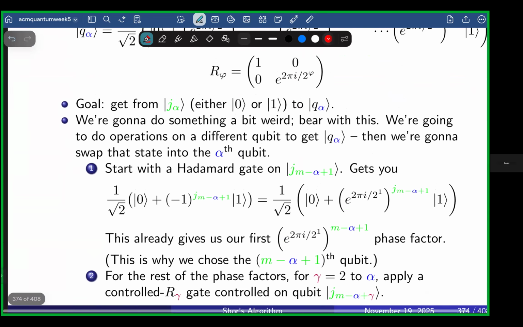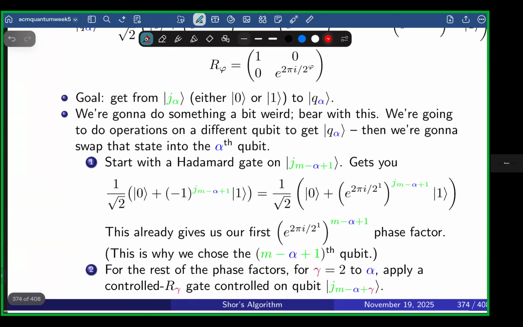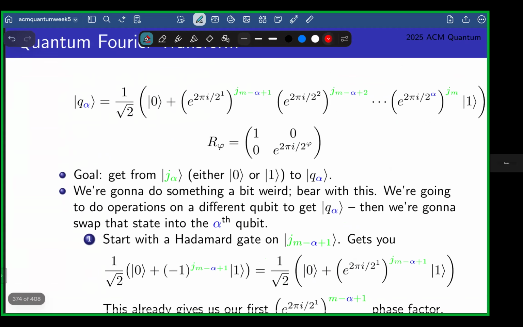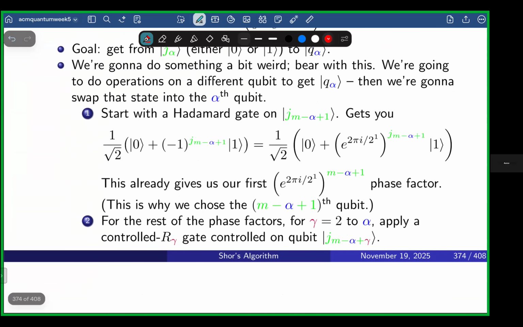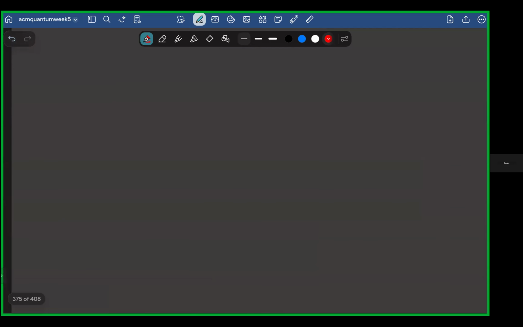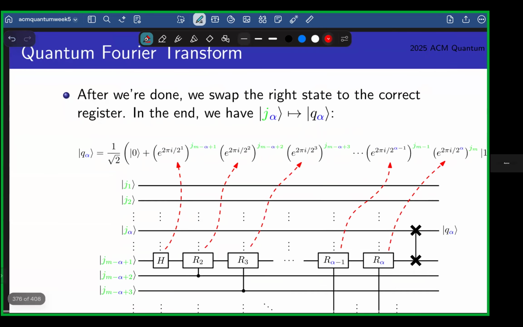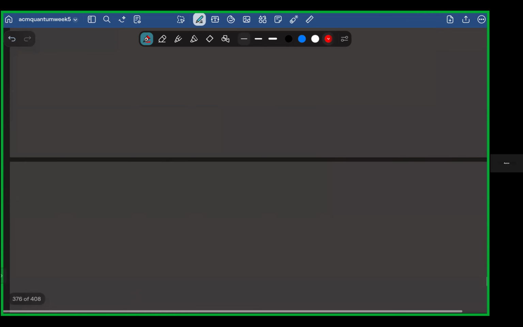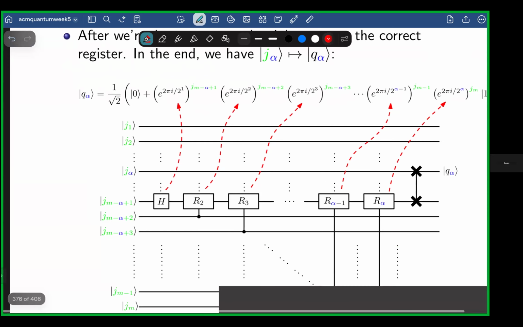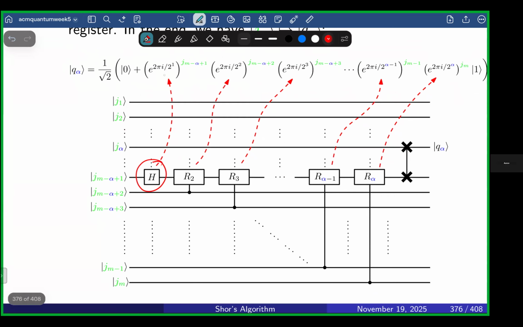The next thing we do to apply all the phases is apply controlled versions of these phase gates. It's controlled on this qubit, and it adds that phase if it's 1, or 0 otherwise. So these are just the indices. You can convince yourself why these are the indices. In the end, like we said, we apply the Hadamard gate, which applies this phase.